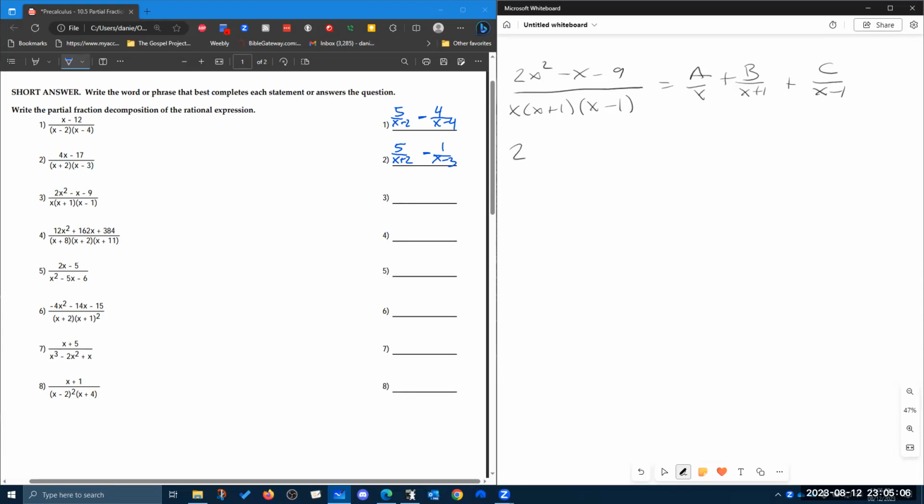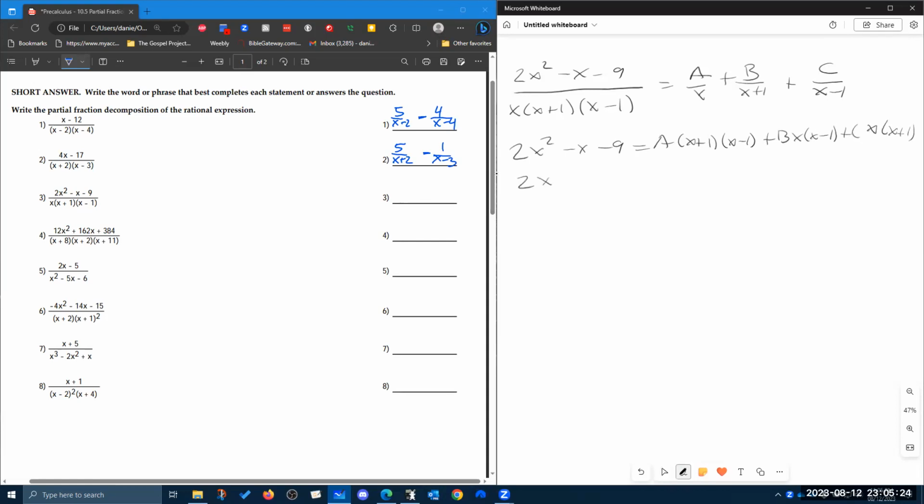So that means that 2x squared minus x minus 9 equals a times x plus 1 times x minus 1 plus bx times x minus 1 plus cx times x plus 1.